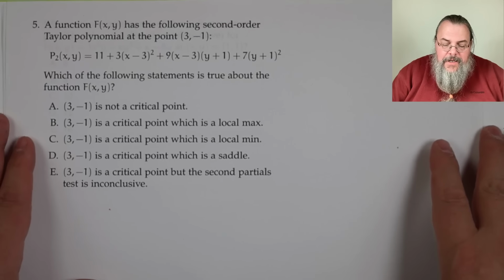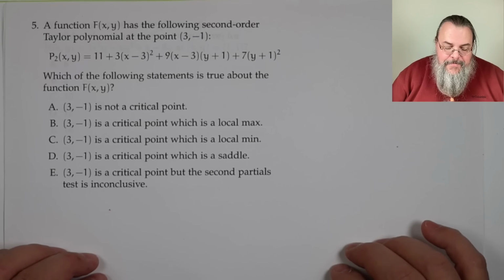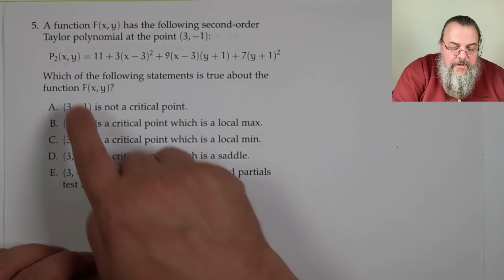A function capital F of xy has the following second-order Taylor polynomial at the point 3, minus 1. All right, so what do we have? P2.